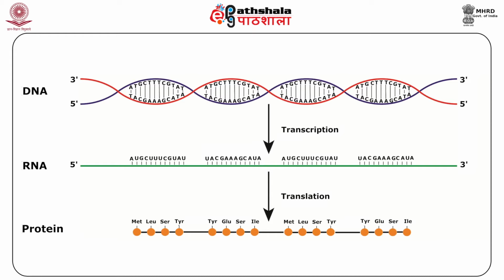The language tells the cell's protein-making machinery the precise order in which to link the amino acids to produce a specific protein. This is a major task because there are 20 types of amino acids, which can be placed in many different orders to form a variety of proteins.